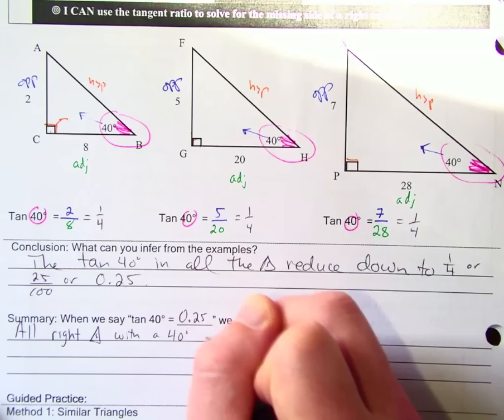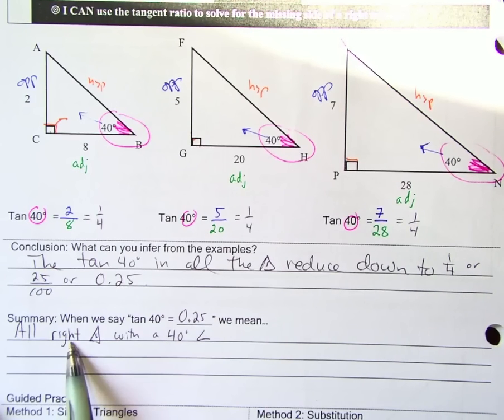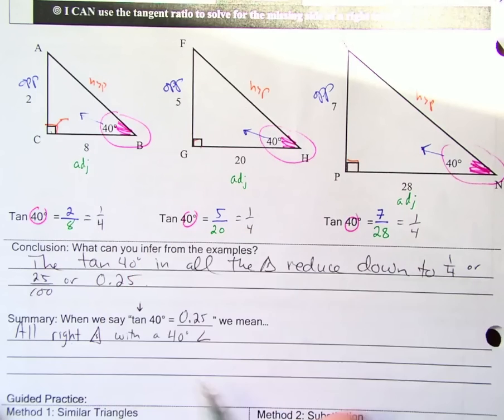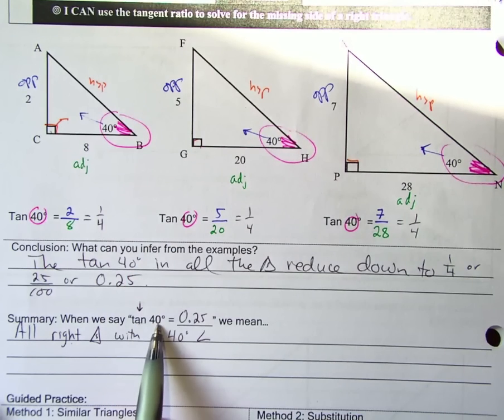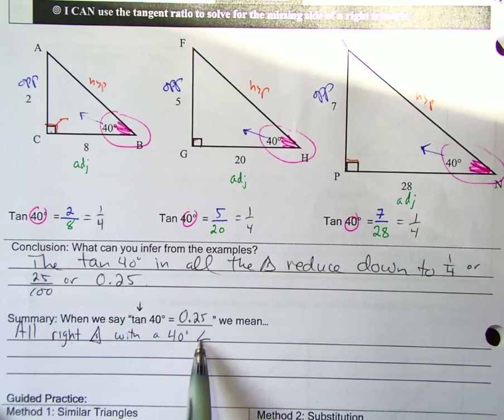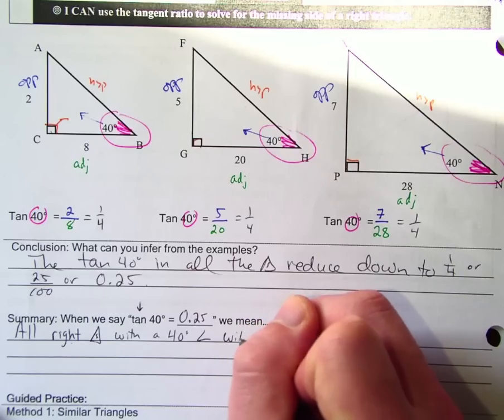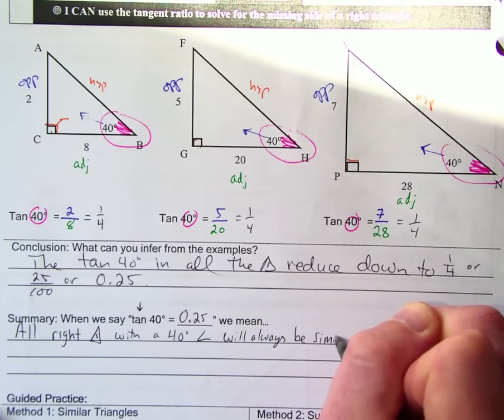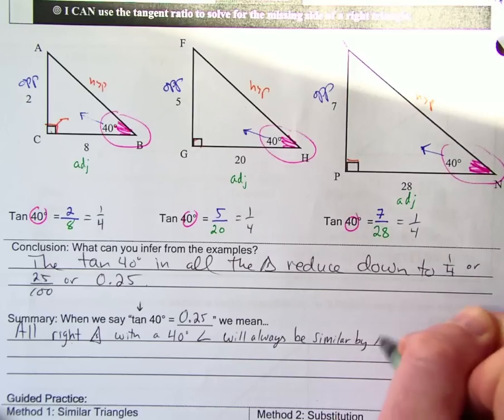with a 40-degree angle. And I know I'm dealing with a right triangle because sine, cosine, and tangent only work in right triangles. So as soon as you see tangent, cosine or sine, you know you have a 90, and then in the other angle that follows, you know you have 2 angles in common. Okay, so they have to be similar triangles. So all right triangles with a 40-degree angle will always be similar by angle, angle similarity.